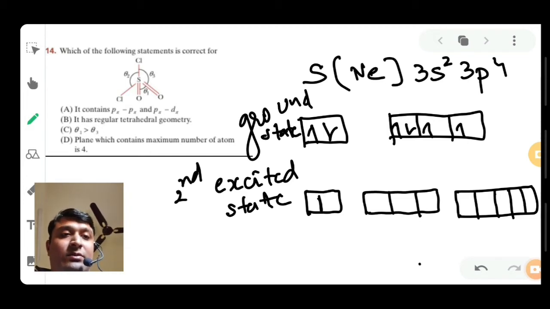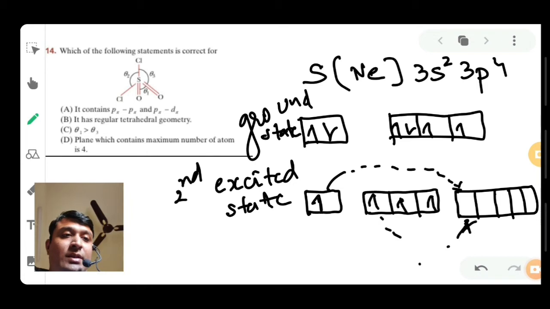Okay, so 1 2 3 in p, and 2 electrons will be jumped, one from s orbital to here and one from p orbital to here. Okay, so 2 electrons will be placed in d orbital. This is p orbital, this is s orbital, again this is s orbital and this is p orbital.